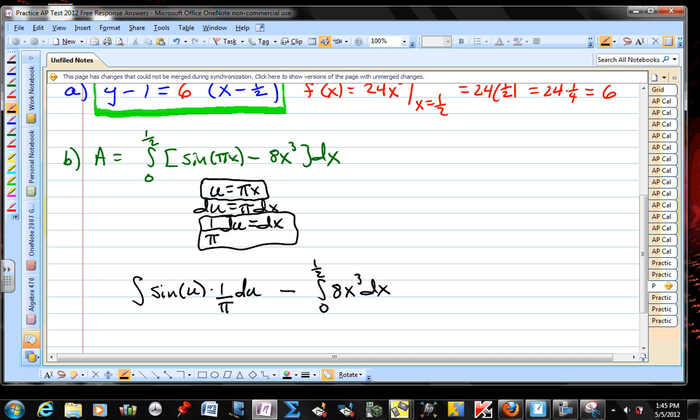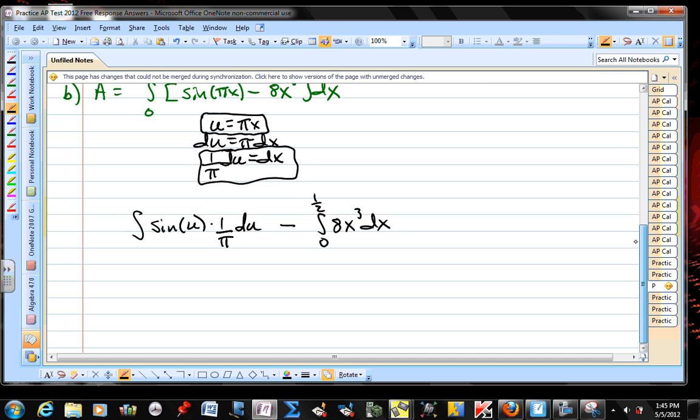Remember that the integral of a sum or difference is the sum or difference of the integrals. Now the antiderivative of sine of u is going to be -1 times the cosine of u, or the opposite of cosine of u. Our constant 1 over pi remains the same. And if we integrate 8x cubed, that'll be 8x to the 4th power divided by 4.